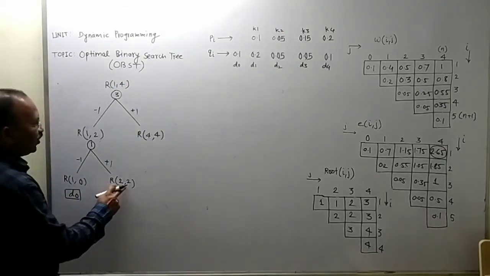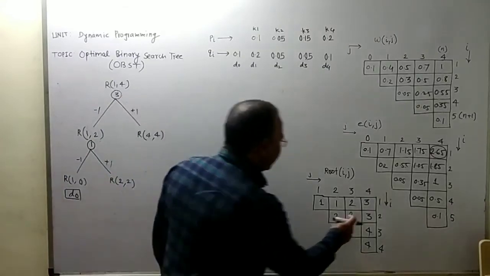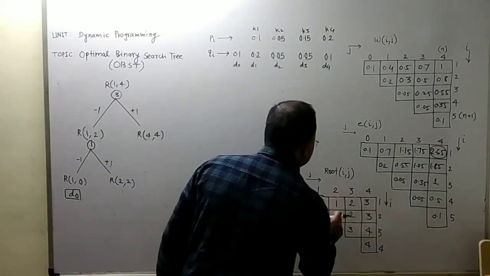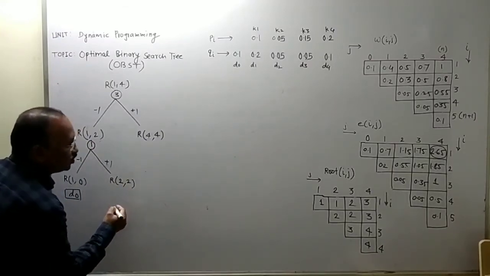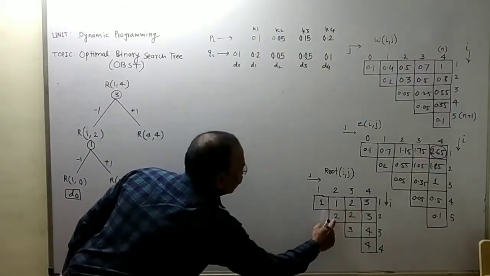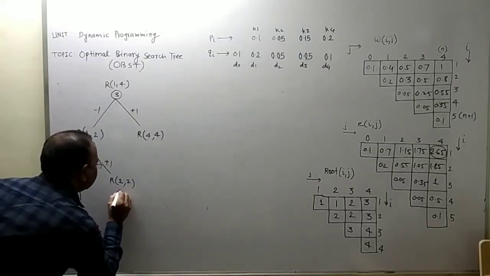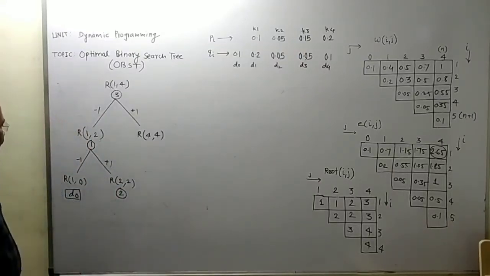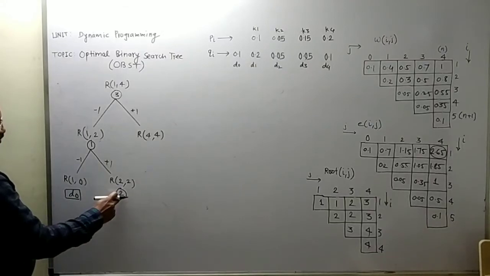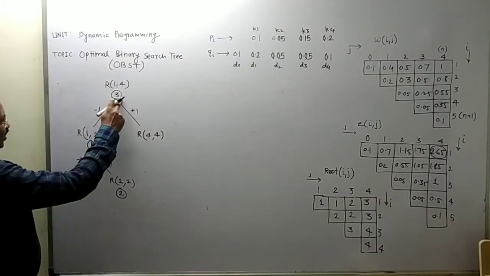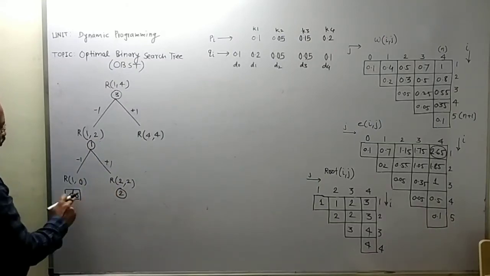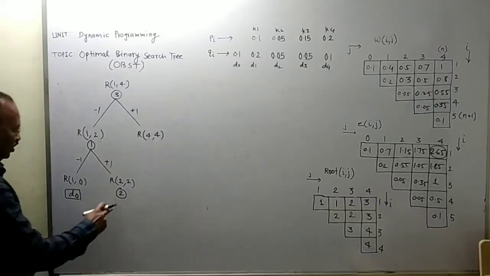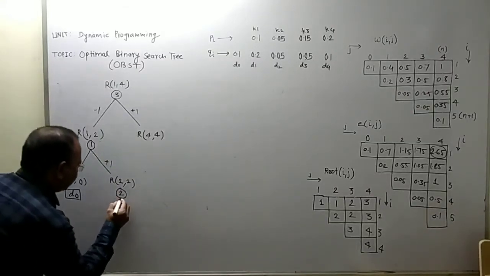Then for this, let us see if R22 is there. Yes, the 2 2 cell is there, and the value at the 2 2 cell is 2. Here these values are represented in circles, which means these are actual keys. And the values represented in rectangles are dummy keys. Now try to expand this.